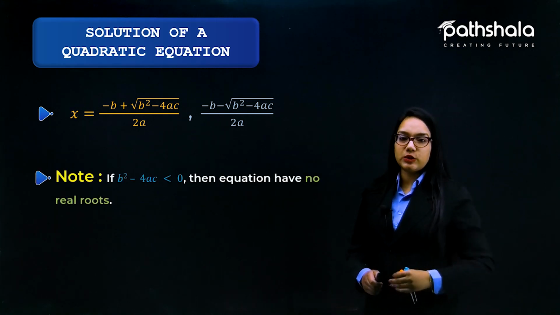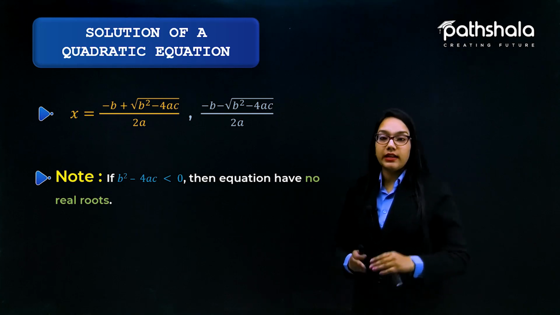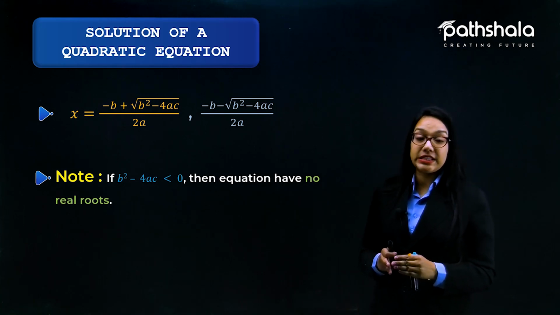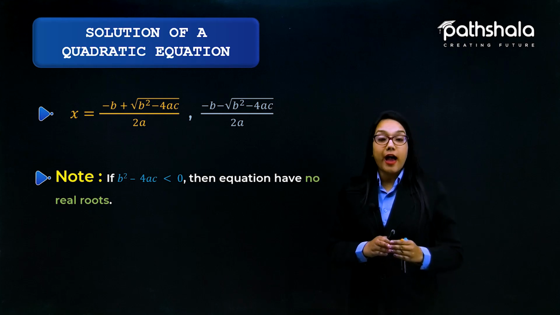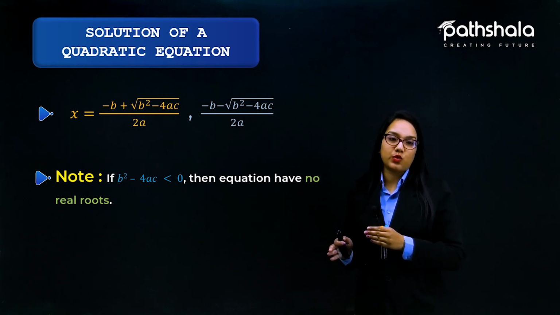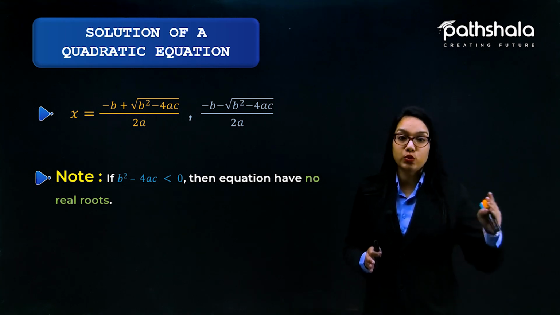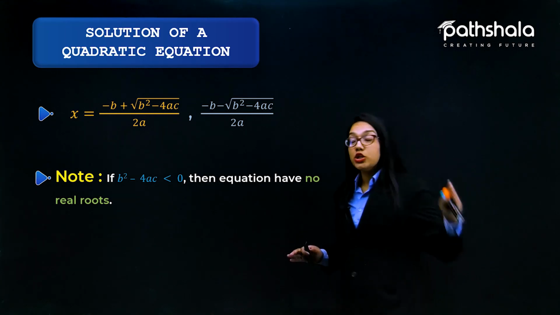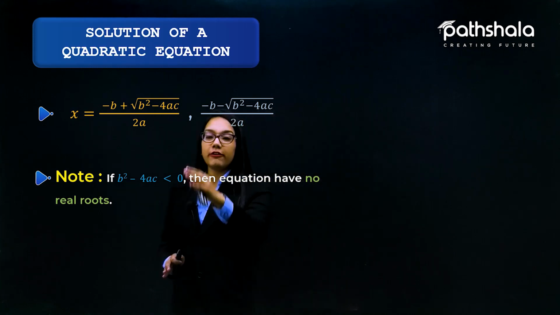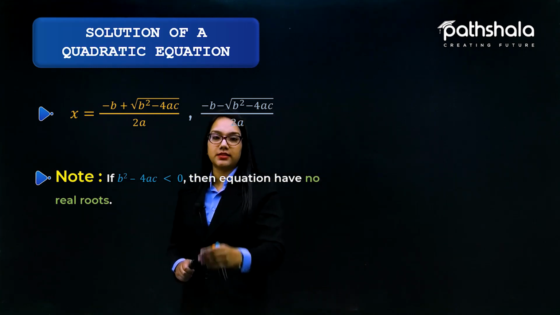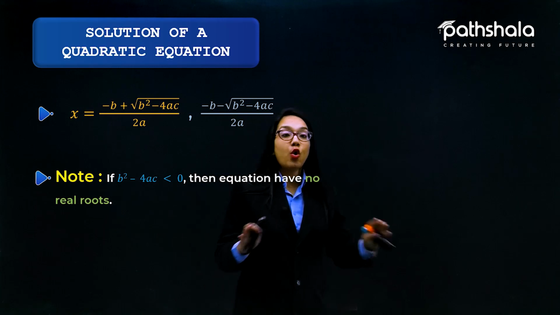Furthermore, there exists a special note here: if b square minus 4ac is less than 0, because we have taken the condition previously that b square minus 4ac should always be greater than or equal to 0, it cannot be negative. So the note says that if it is negative, that is, less than 0, then the equation has no real roots.